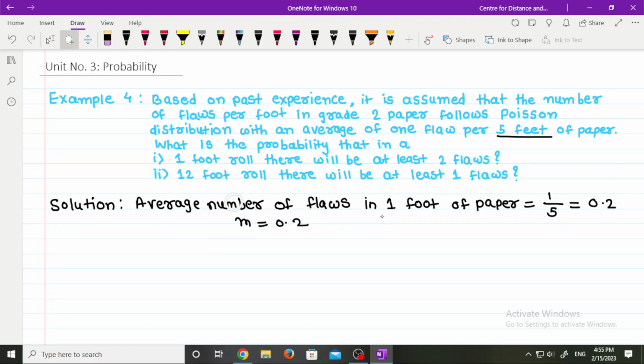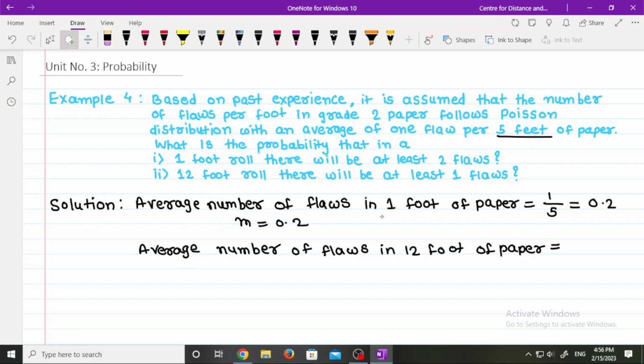And for the average number of flaws in 12 foot of paper, so we have 1 by 5 into 12.